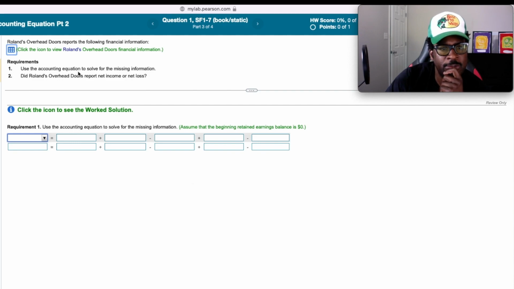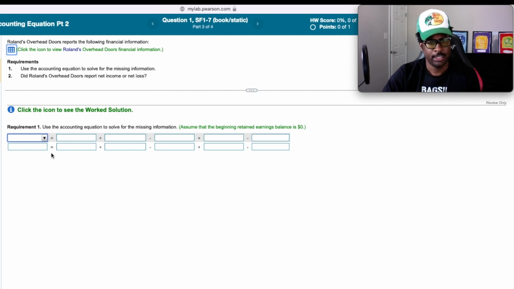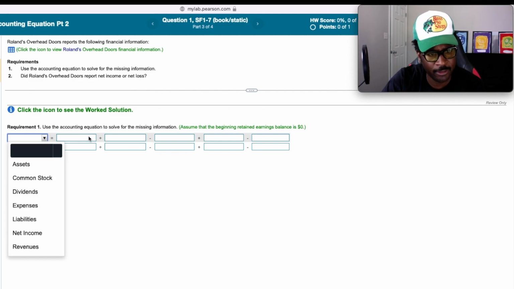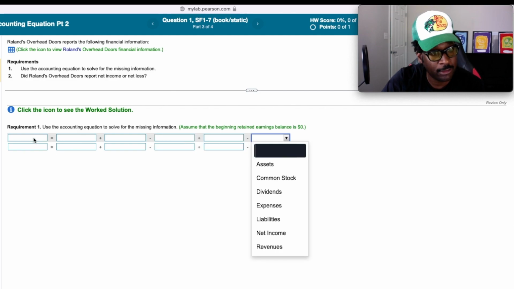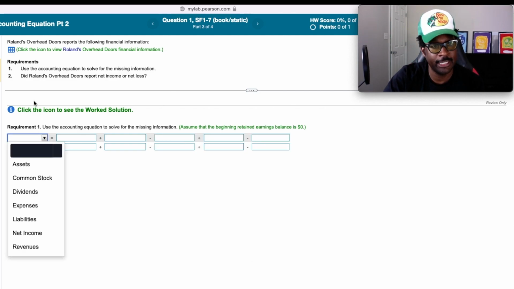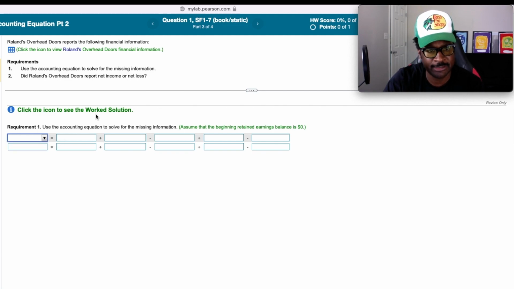Use the accounting equation to solve for the missing information. Okay. Did Roland Overhead Doors report net income or net loss? All right, so let's see what we have here. Obviously we have to put in some accounts based on the accounting equation. And what it seems to be is that we're going to solve expenses.